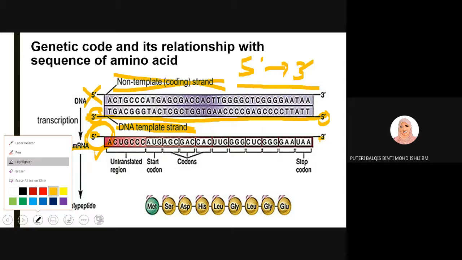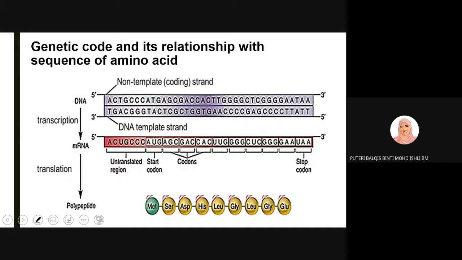Alright. Okay, so that is transcription. If you see the DNA template strand, when we transcribe, that's why bila kita baca, T complementary to A, G, C, A, U, C, G. Bila kita nak baca the DNA template strand, make sure you must know the basic concept.